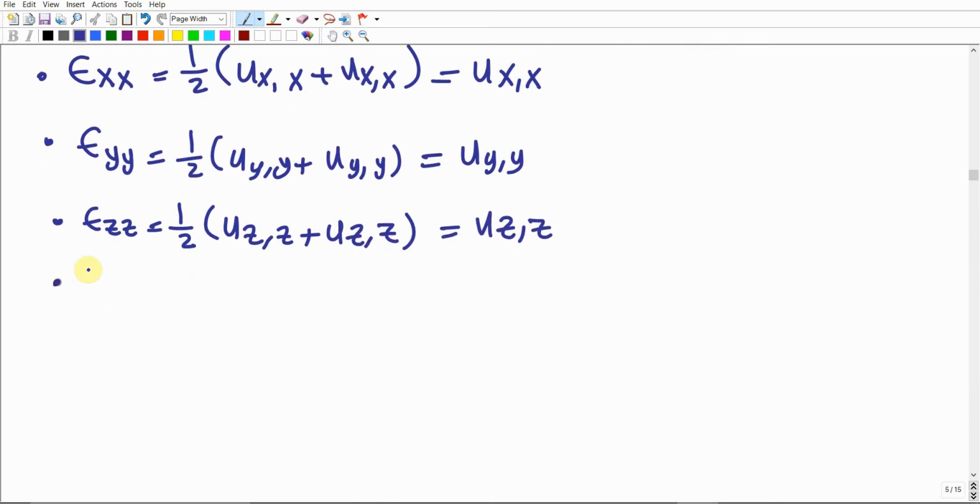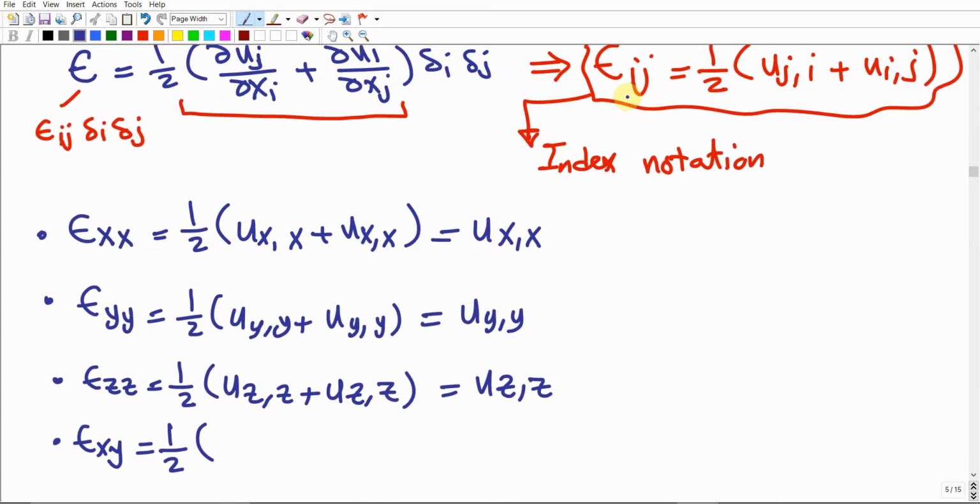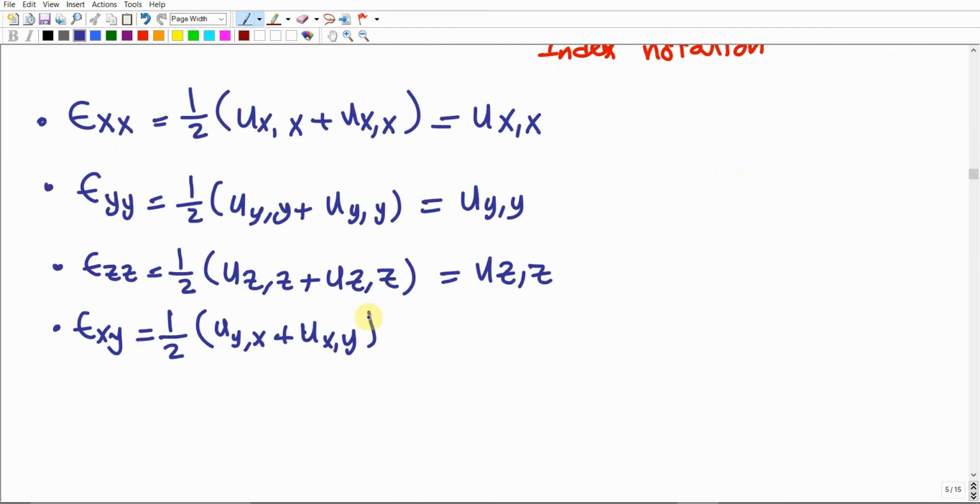How about epsilon xy? It should be 1 over 2. Now I'm using i as x, but j is y. So it's going to be uy comma x, because i is x, plus ux comma y. Make sense? This is for epsilon xy.